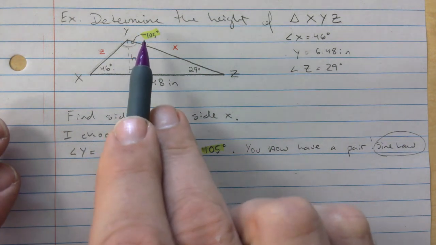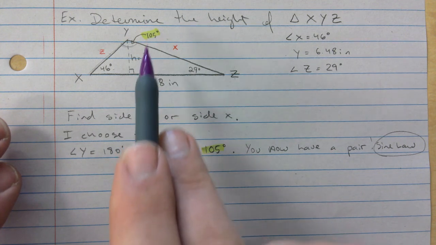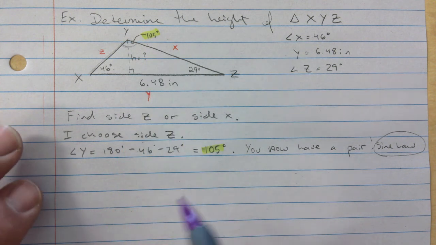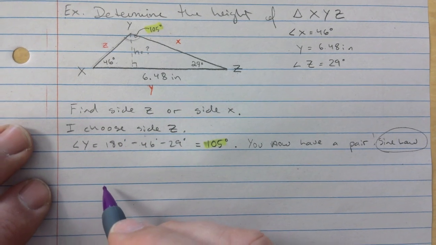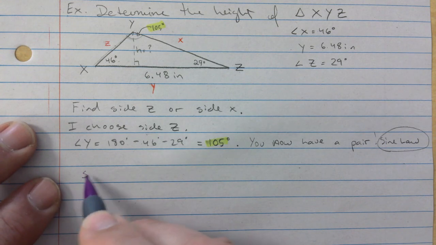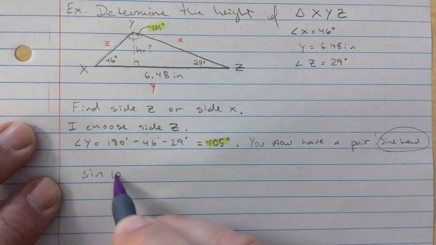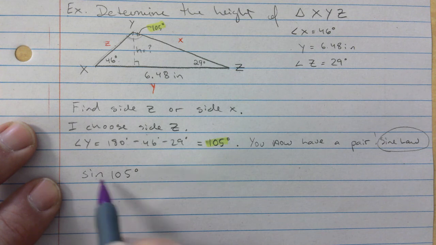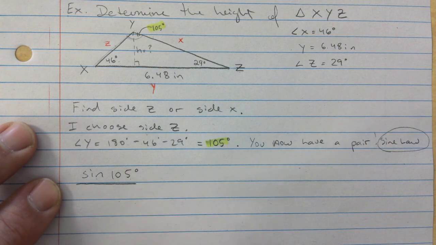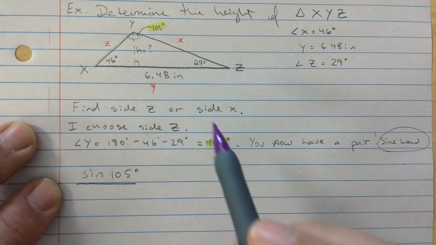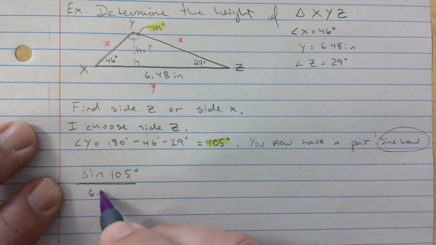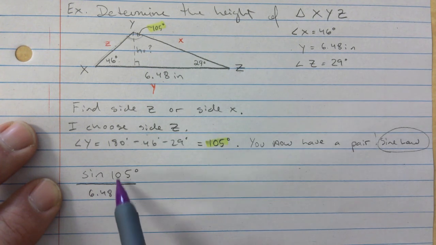So the 105 I found there, you have a pair. I always start with that pair, and for some reason I always put the angle up top, sine of angle, over the side length, 6.48 inches. This is your pair.